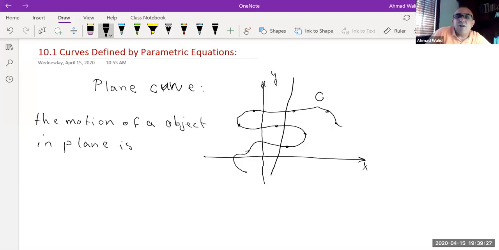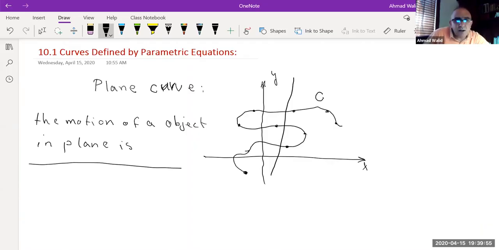You see, I had an object here. I'll give you the example of a bug. This bug is moving on the whiteboard. I don't know where. They don't respect mathematics. They can go anywhere, right? We don't even know the coordinates. The motion, the movement of this object or particle in a plane, we call it a plane curve. Correct? First thing to remember.